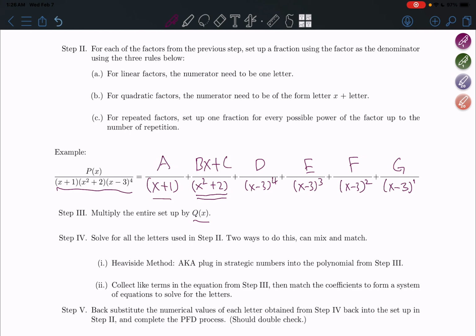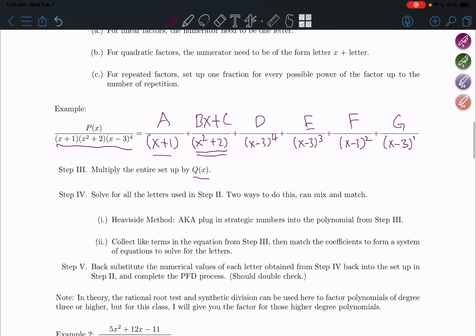The reason for that is after I multiply by the original denominator, you are going to be left with a polynomial on the left and the right side of that equation, because the original divisor, q of x, is the common denominator, guaranteed, right? So if you multiply an expression by its common denominator, you're going to get rid of all the denominators. Okay? So in step 4, solve for all the letters, right?